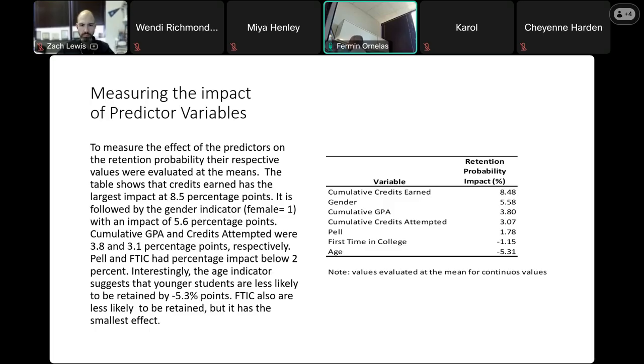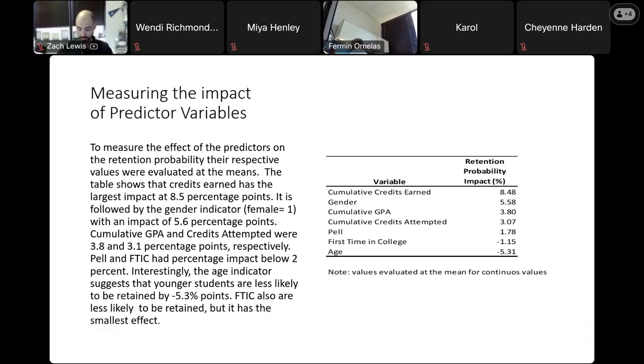Interesting, because in the sample, and not only in the sample but in general, females are coming to college at higher rates than males. If the student is a female, it has a 5.6 impact on the probability of retention.